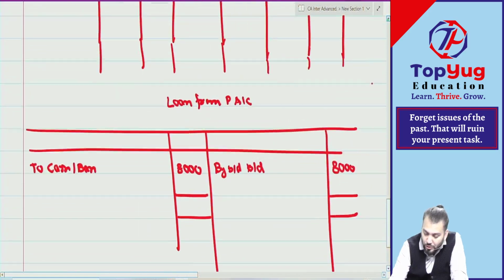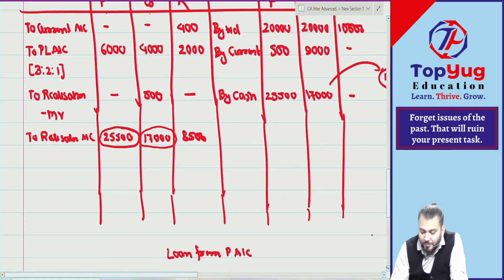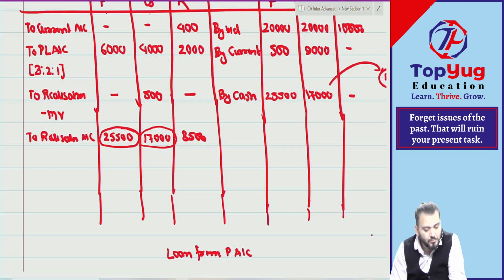This will be equal to 10,000 minus 400 minus 2,000 minus 8,500. What is the debit balance? 900.